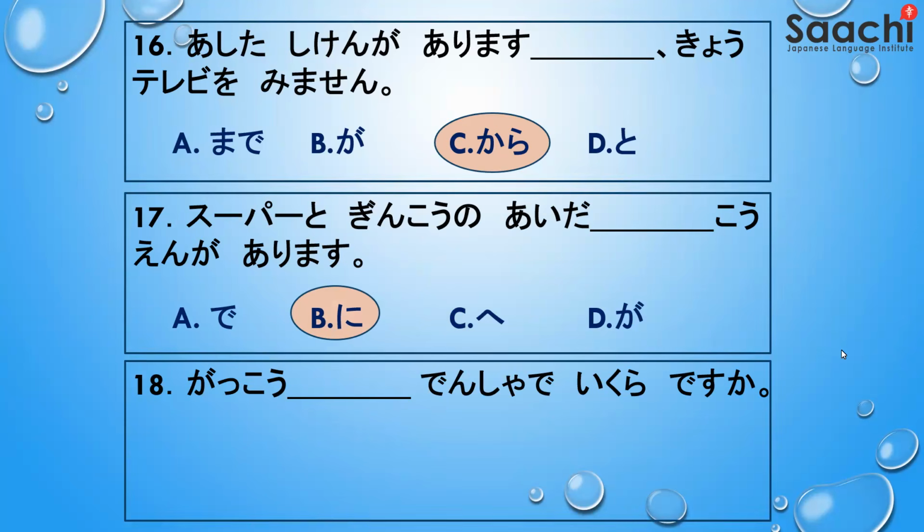学校、電車でいくらですか？で、は、まで。Answer is まで。Till the school. 学校まで電車でいくらですか？How much is it?